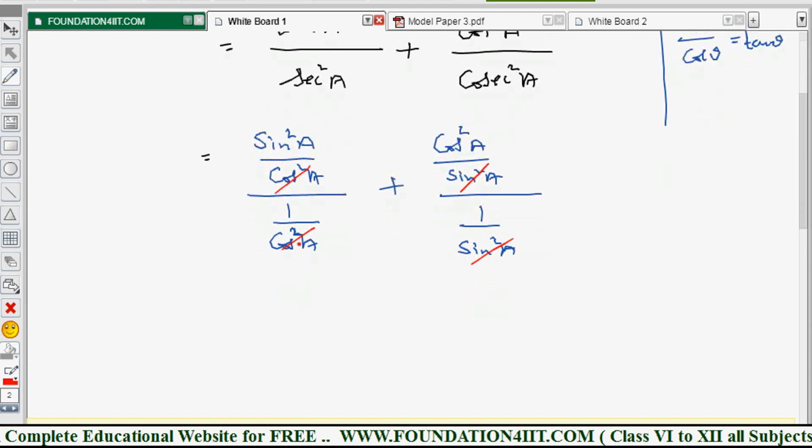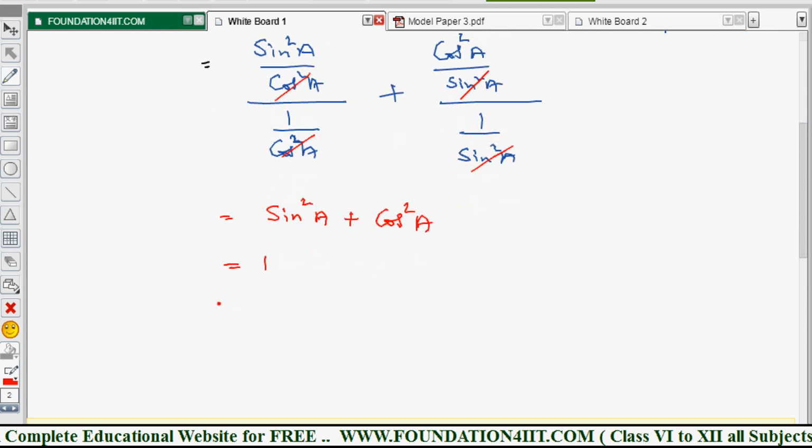And remaining is sin square A on this side plus cos square A. And one more identity is sin square theta plus cos square theta is 1. So sin square A plus cos square A is 1, that is RHS. Very simple. So we took LHS and proved RHS. Hence proved.